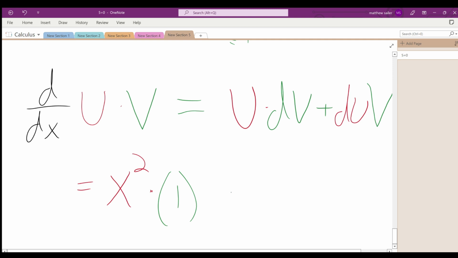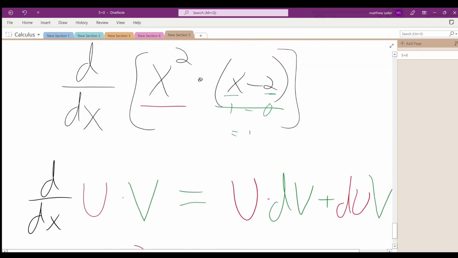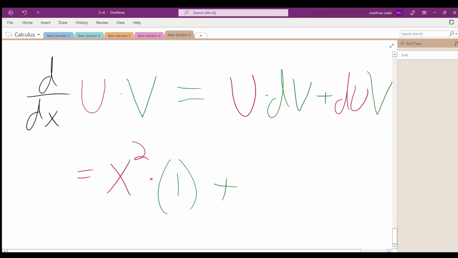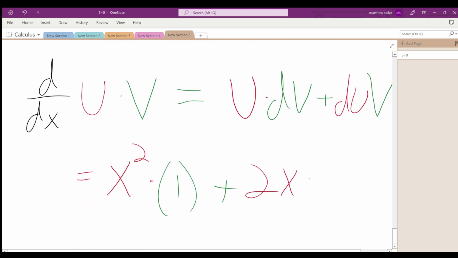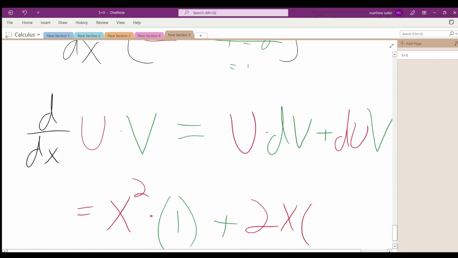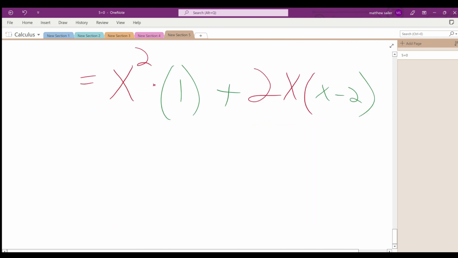plus, now going back up, our derivative of u, so we said u here is x squared, so the derivative of u is 2x, times our v, which is x minus 2. Now we can simplify this a little bit.